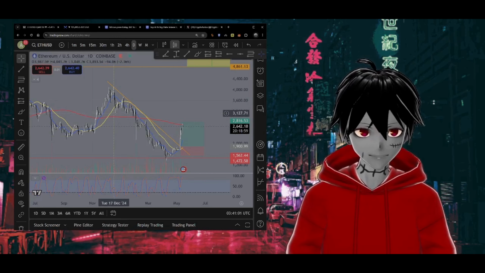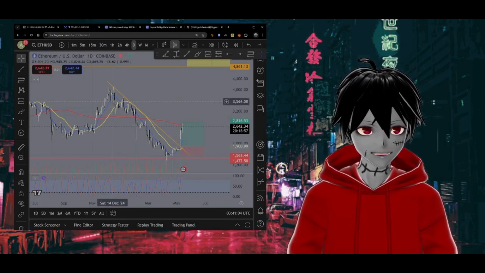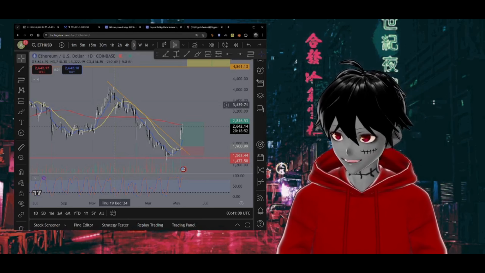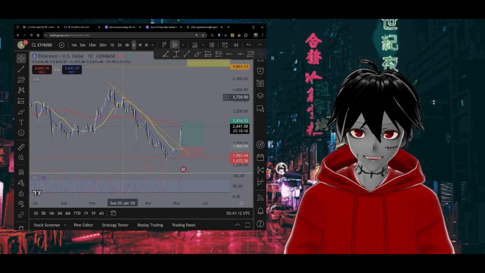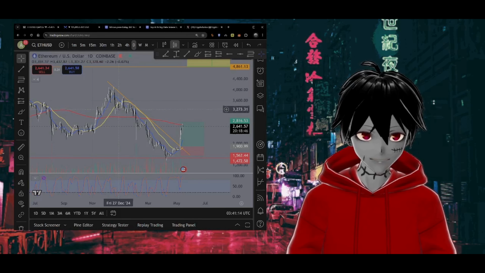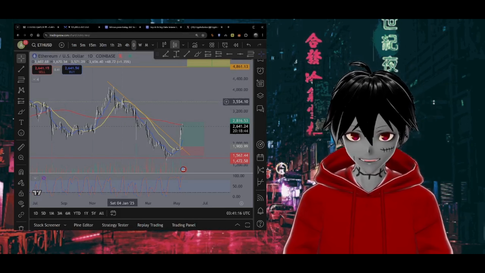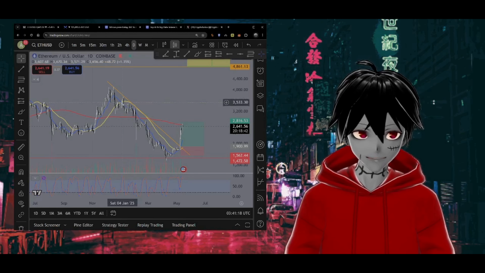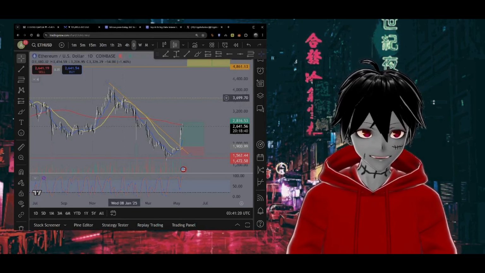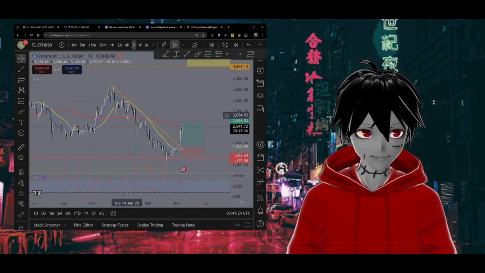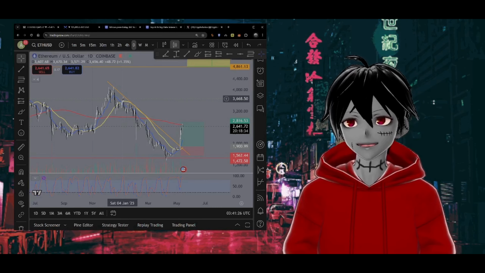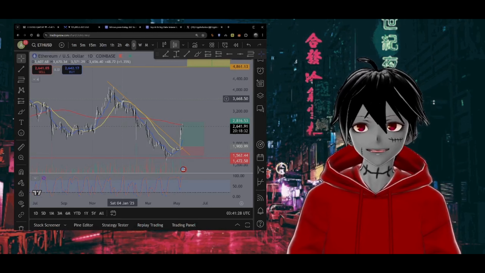When the market is dumping and it tries to rally back up, or retest, we call this a rally or a retest. When it bounces and tries to go up, but comes down and gets rejected, that's called a failed retest.